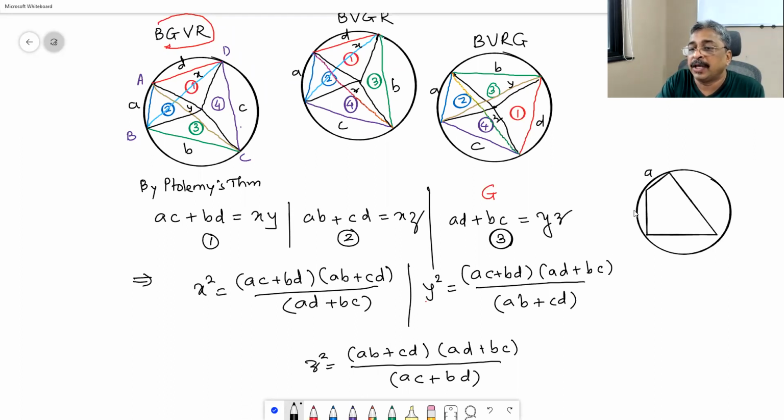Suppose this is A, B, C and D, and if I want to know the diagonal length, suppose this length is k, then k square is equal to what? So in any general quadrilateral, if you are asked to find out the diagonal, you should be able to write down the formula of that diagonal length very quickly.